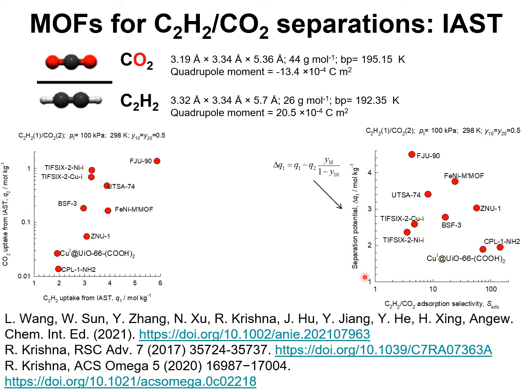The right-hand side graph plots the separation potential against the adsorption selectivity. The separation potential represents the maximum amount of C2H2 that can be recovered in the desorption cycle.